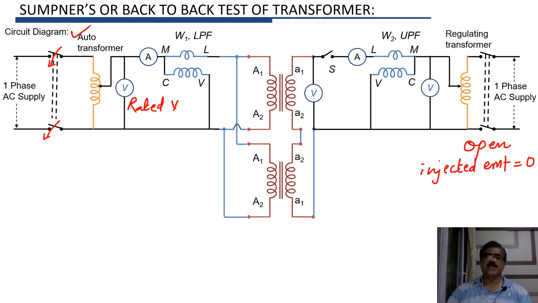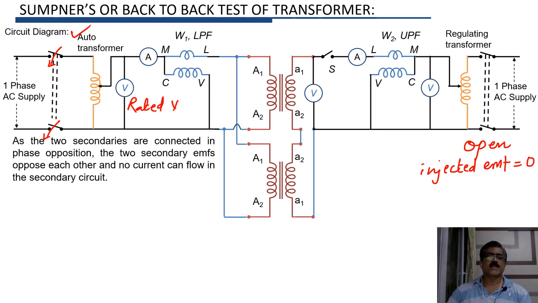Now here the injected EMF is 0 and the two secondaries are connected in phase opposition, means the EMFs induced in the secondary of transformer 1 and the secondary of transformer 2 are opposite to each other, and therefore no current can flow in the secondary circuit.